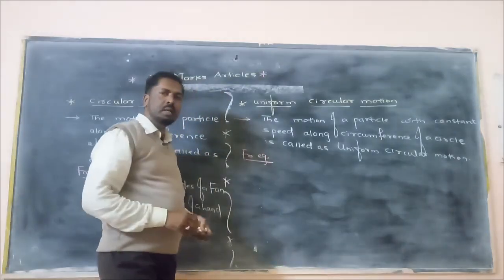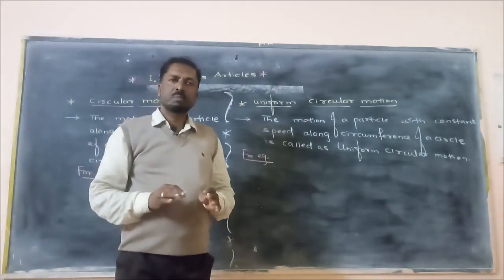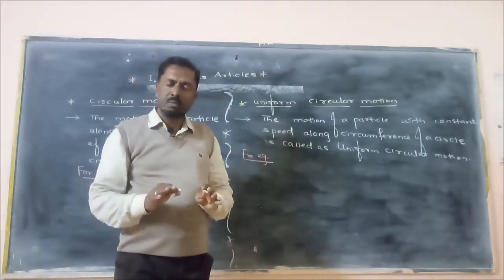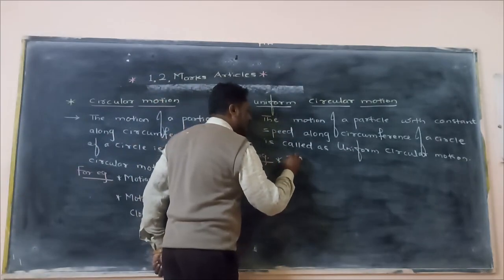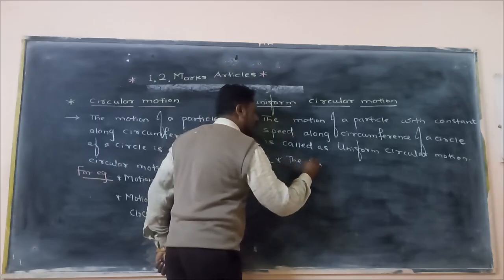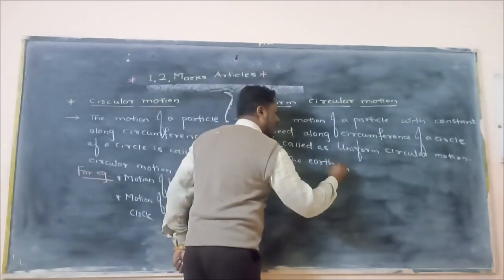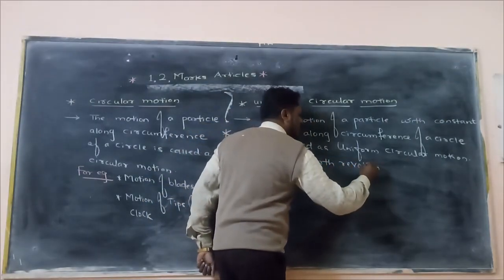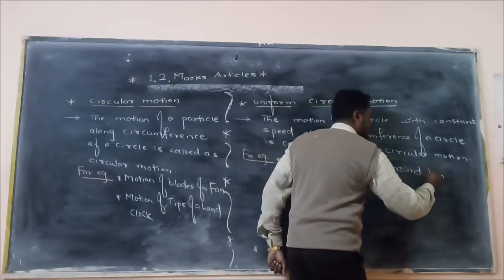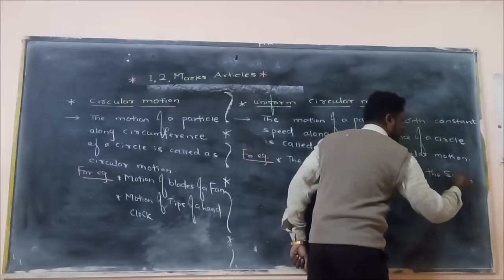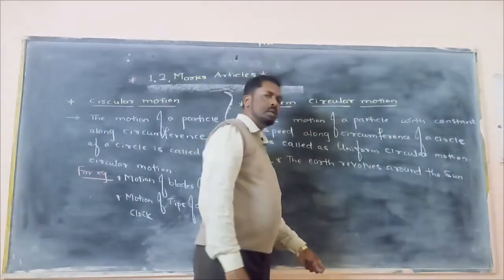We have to write examples in which the speed does not change. For example, the best example is that the earth revolves around the sun.